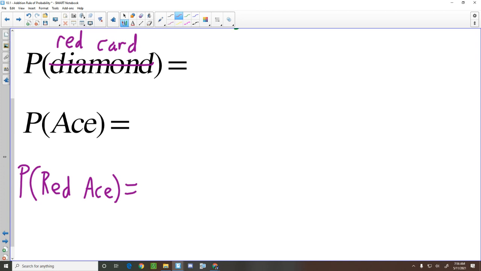And the probability of drawing a red card, well, half the cards in the deck are red. So that's 26 possible cards that are red out of 52 total cards in the deck. The probability of drawing an ace, well, we know that there are 4 aces in the deck out of those 52 possible cards. So normally I just add those 2 probabilities together, but that actually has additional cards.